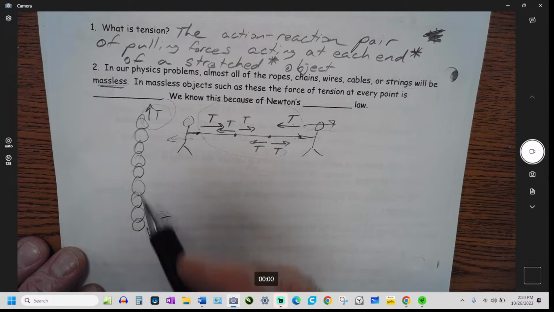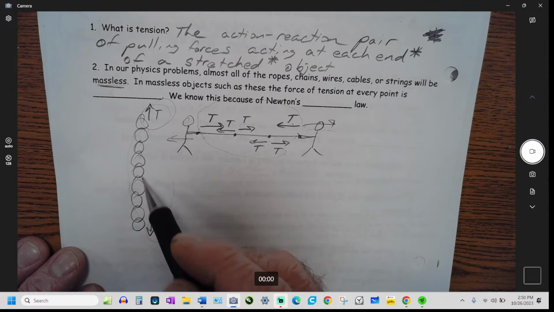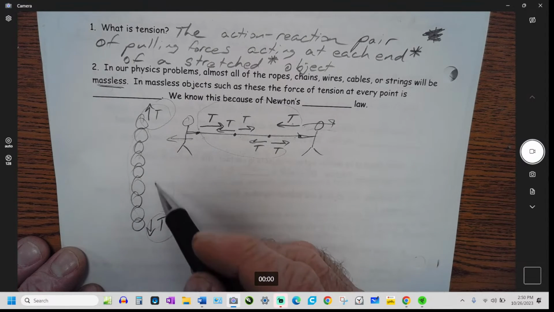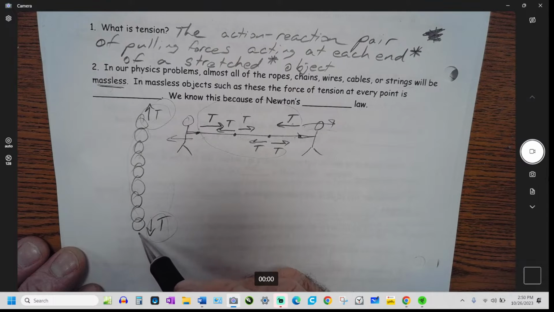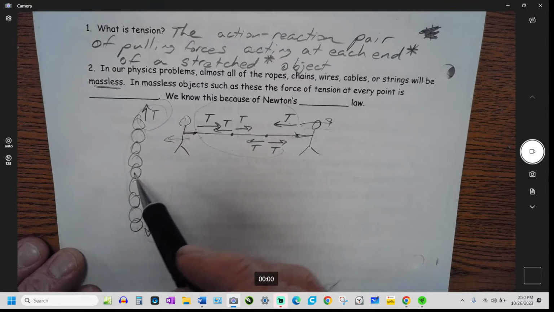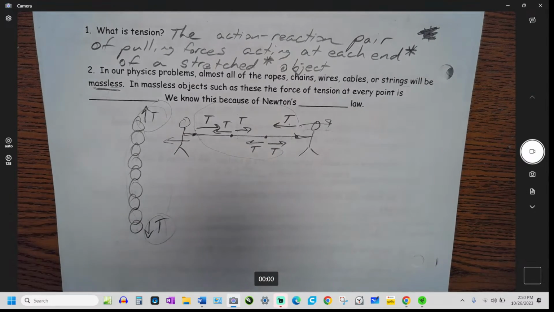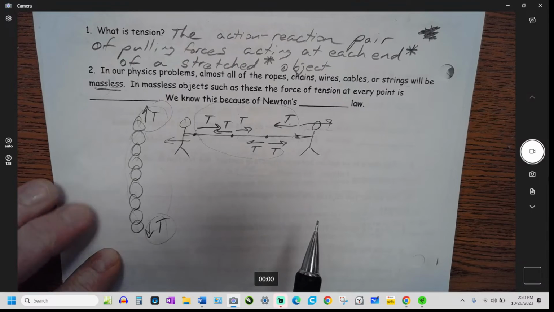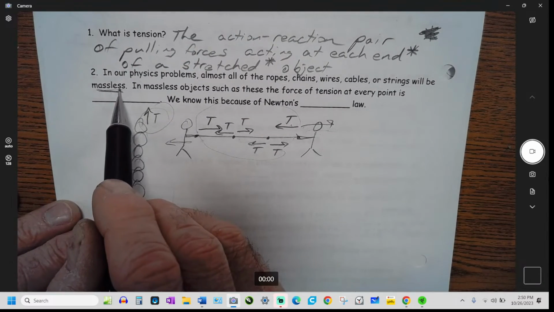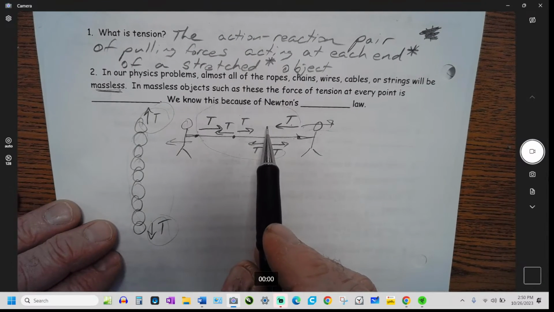The top, because it's going to have all this weight hanging on it. So the farther down you get, like this link doesn't have anything hanging from it, but right here it's got 2 links hanging from it. This has 3. So if these really had mass that we had to include, that would just really screw up our physics problems. So they're going to be massless, and okay.